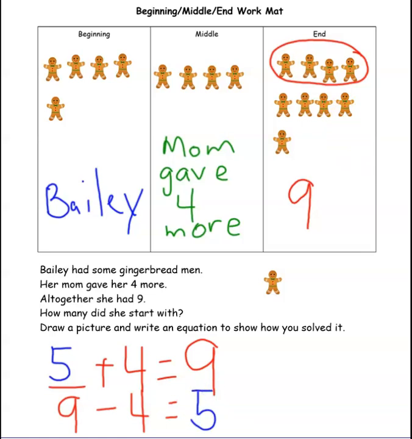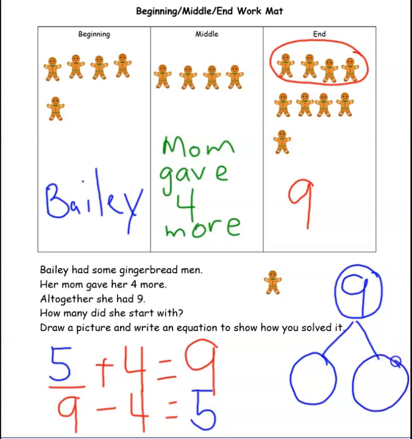Very good. And thinking about a part-part-whole and our number bond, if we started out with 9 all together as our whole, we know that Mom gave 4 and that Bailey had 5.